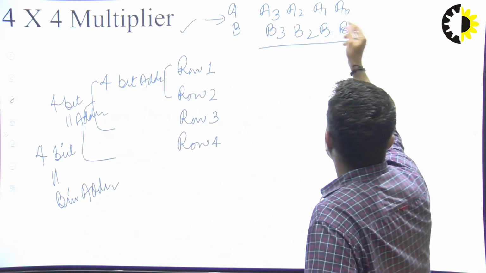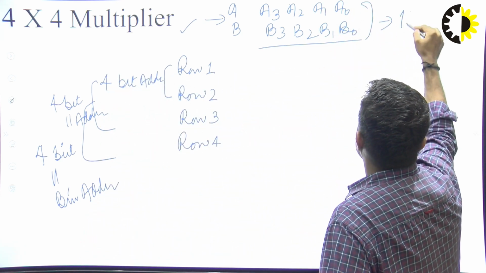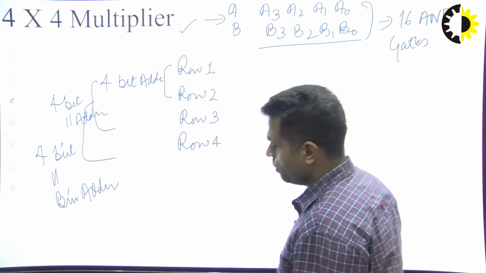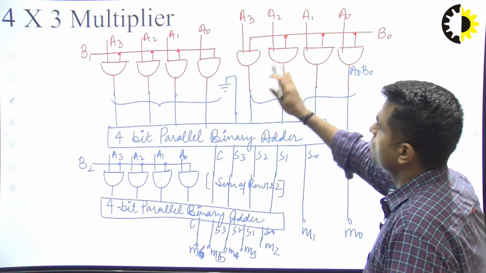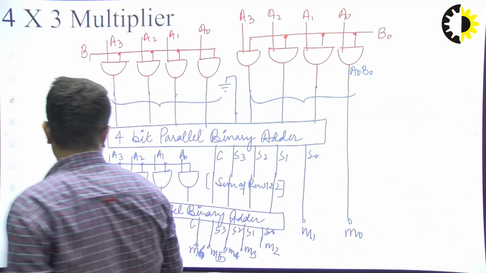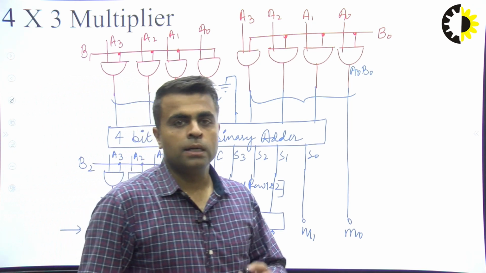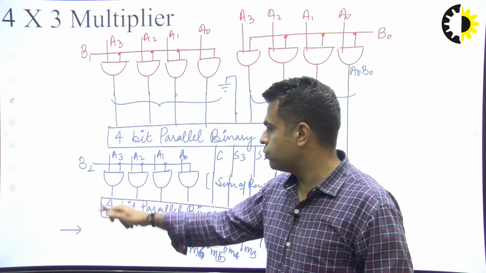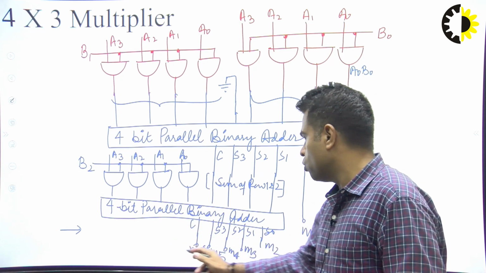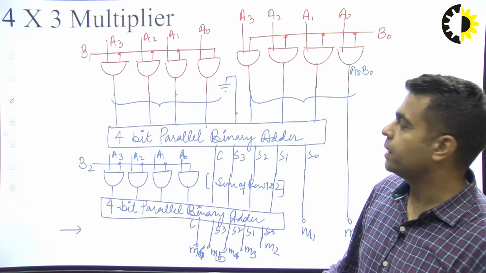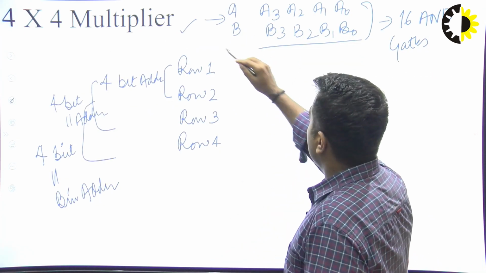And here we will require 16 AND gates to generate the products. In a pattern similar to the 4x3 multiplier circuit, we will require another set of 4 AND gates at the output, which will compute the 4th row, and then this 4th row will be added to the previous adder sum using another 4-bit parallel binary adder. That means 3 4-bit parallel binary adders and 16 AND gates will be required.